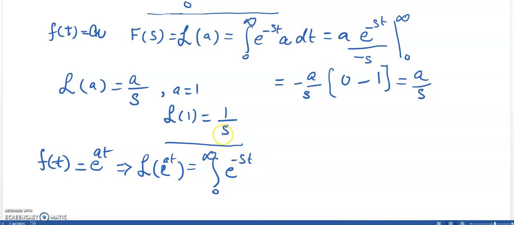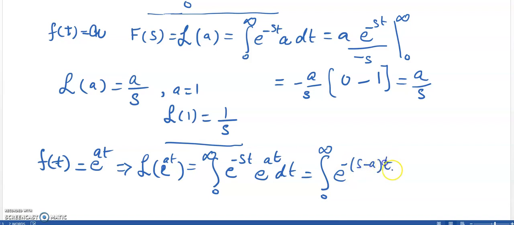By convention we use s, although we can use any other symbol. So it will be e power at dt. Let's simplify it a little bit. It will be e power minus s minus a times t dt. We can write it like this: minus s times t, minus minus plus at, so it is fine.